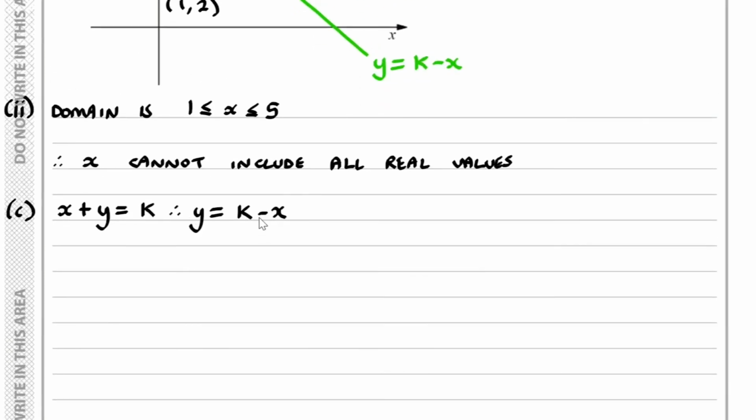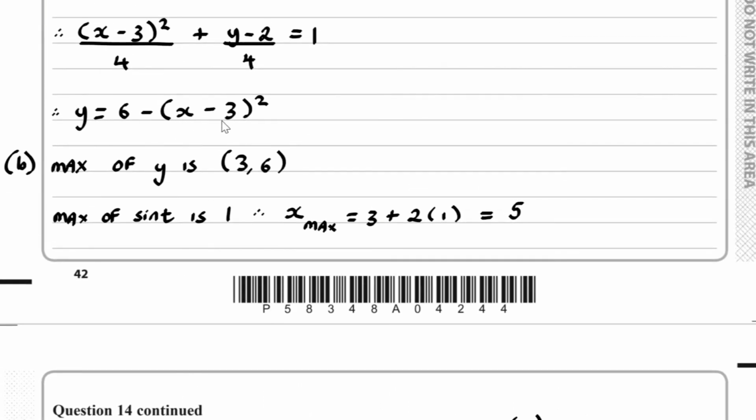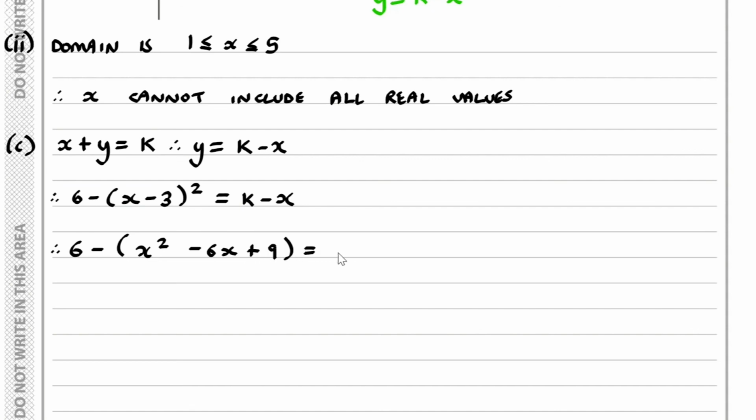What we know is y is equal to k minus x, and we also know that y is equal to 6 minus, and then in brackets, x minus 3 all squared. So let's set them equal to each other, and then use the discriminant. So I've got 6 minus, in brackets, x minus 3 all squared, that will equal k minus x. So I've got 6 minus, in brackets, x squared subtract 6x plus 9, equals k minus x.